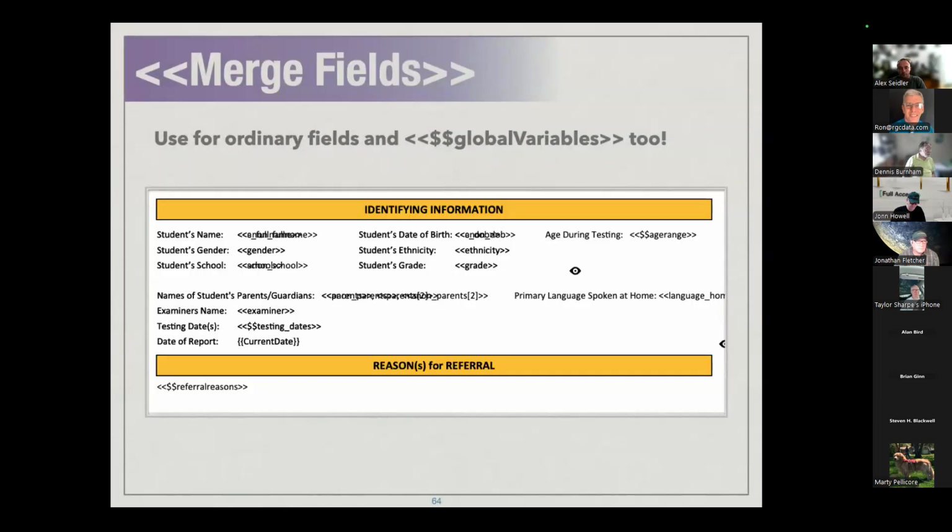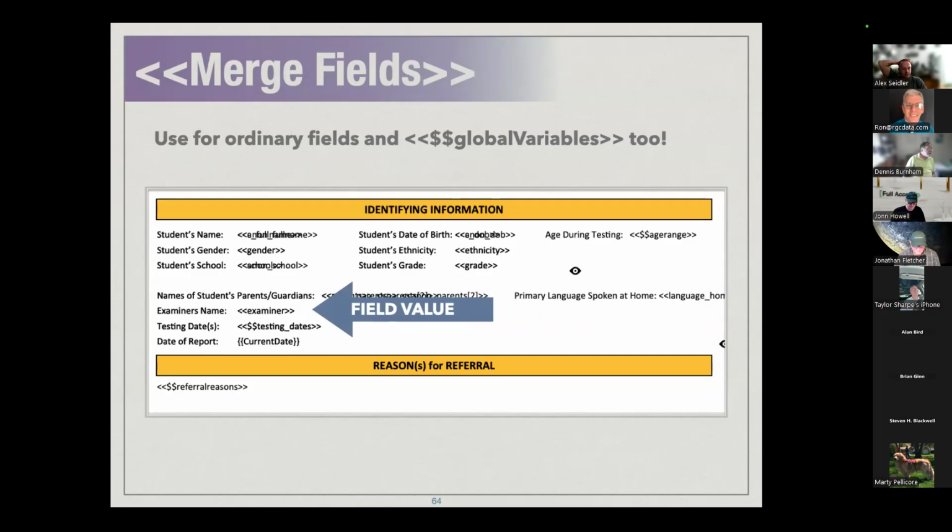I'm a big user of merge fields because they allow you to line up things without having to worry about the baseline or the sliding left and right and not working properly. Especially for reports where somebody doesn't have to get into a field, you can display the data. And sometimes in a merge field, it doesn't take as much space as the actual field. And you can use it for globals as well.